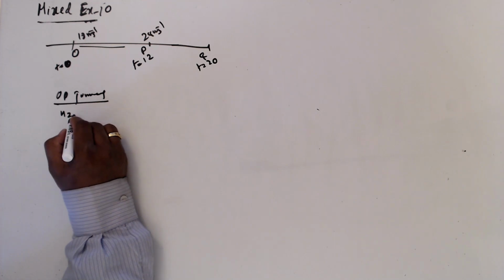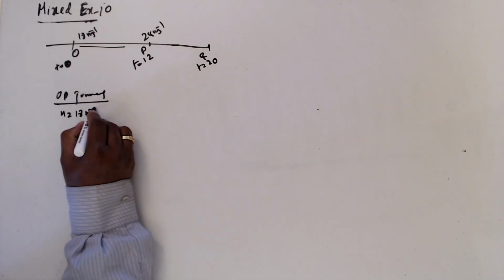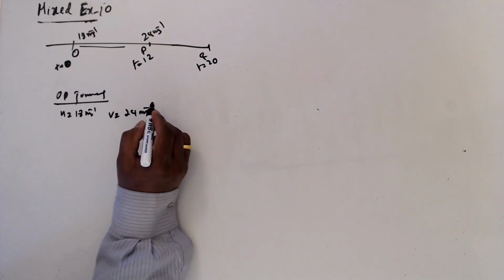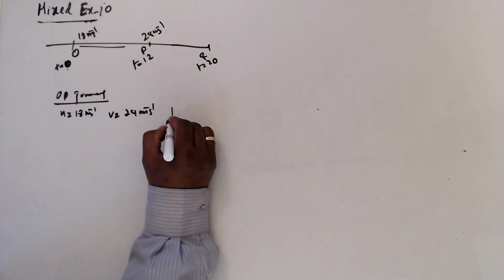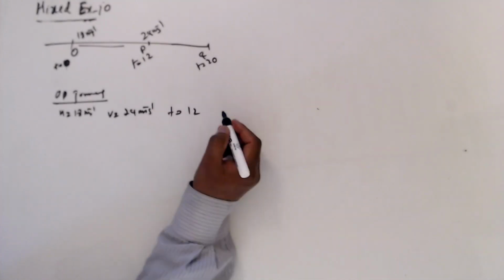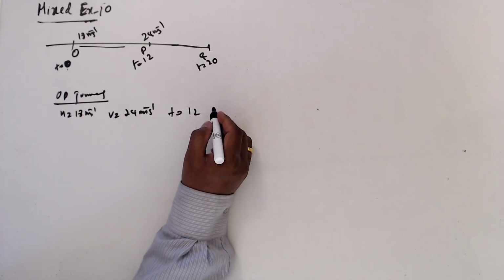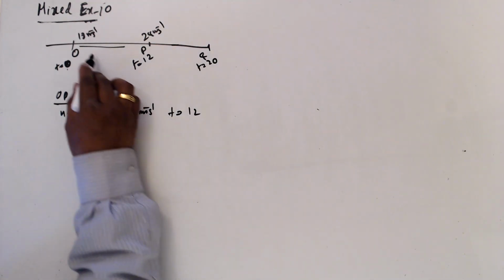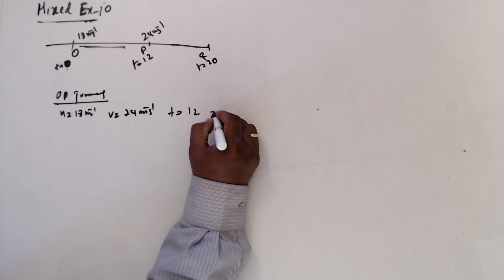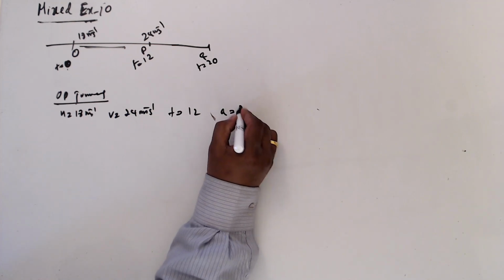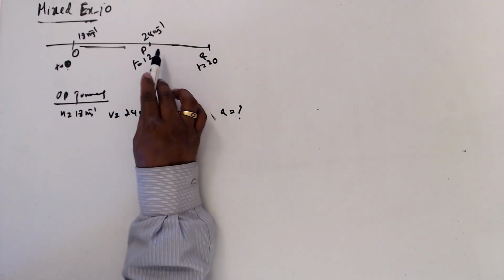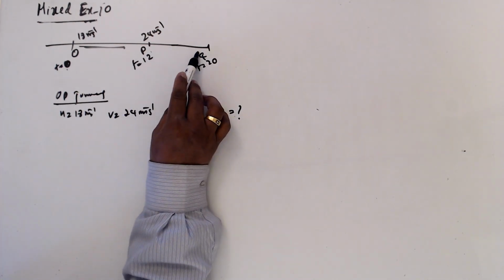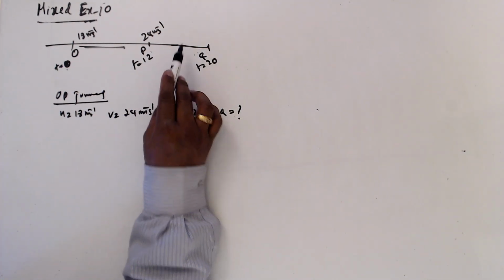u equals 18 m/s. v equals 24 m/s. Time taken is 12. We can find the acceleration, because to find the speed at Q, v equals u plus at, but we don't know a.